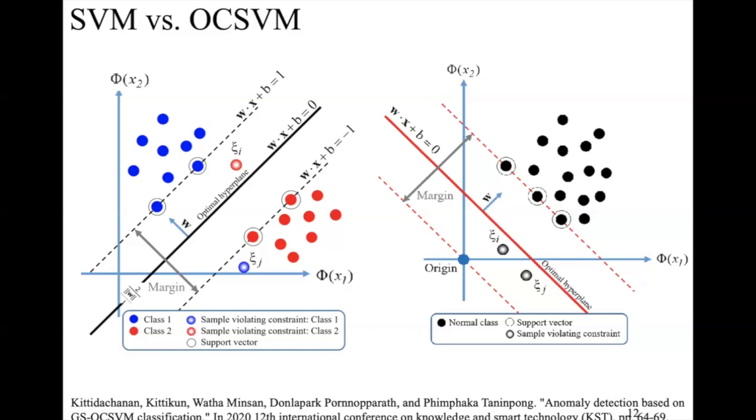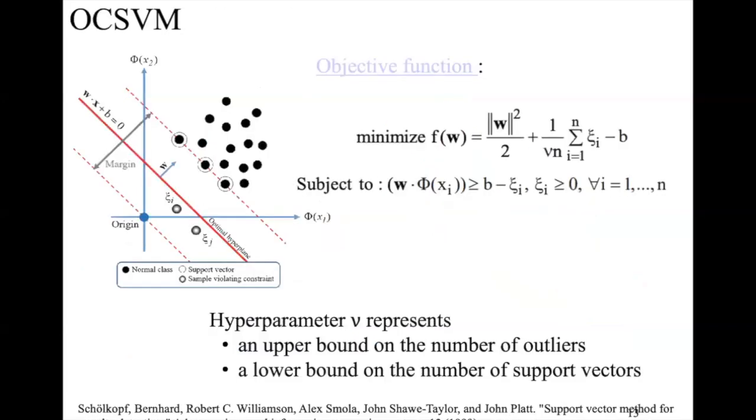So we want to find the hyperplane that can distinguish the origin from these black points. That's the high-level idea. Based on these intuitions, we can design our objective functions. There is no big difference between the OCSVM and the traditional SVM.